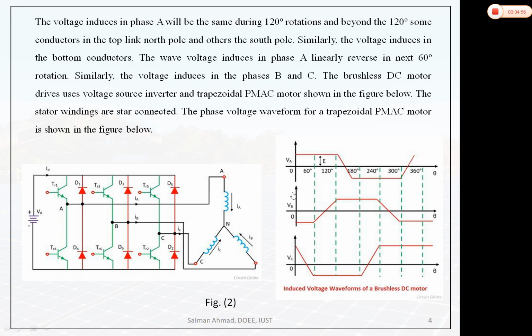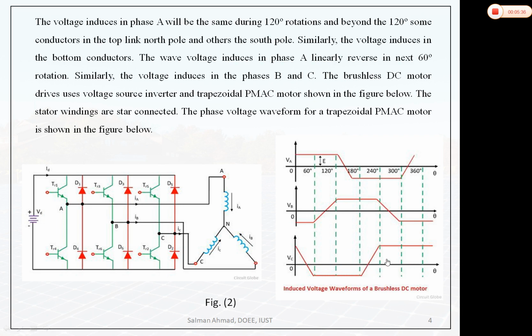Similarly for phase B and phase C. Phase B will be shifted from phase A by 120 degrees, because the stator windings are distributed in space by 120 degrees and they are balanced. So the voltage induced in phase B is shifted from phase A by 120 degrees. You have to shift this waveform by 120 degrees: it was starting at 0, and this is starting at 120 degrees. It is the same: 120 degrees, then a 60-degree reversal, then again 120 degrees of negative voltage.